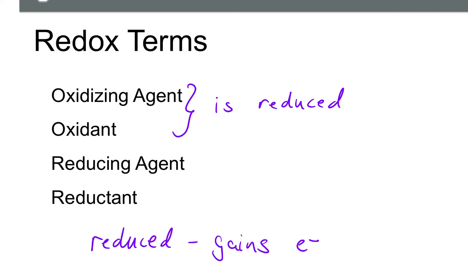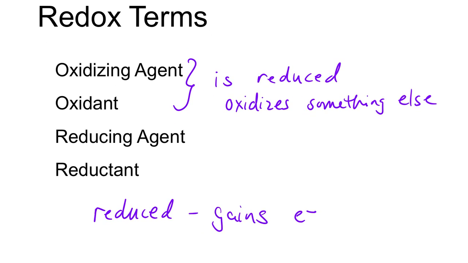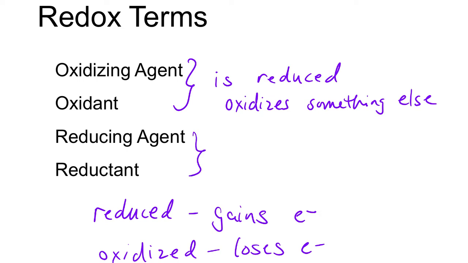The other way of thinking about an oxidizing agent is that it oxidizes something else. What does oxidize mean? It loses electrons. So the reducing agent is the reverse of that. It is oxidized. It loses electrons, and it reduces something else.